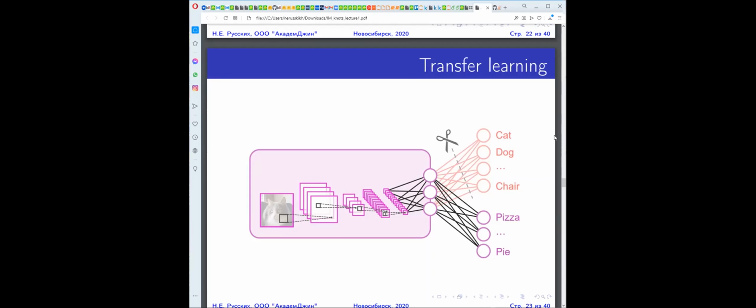It's when we have a big model which is trained on another similar task on a big amount of data. So regarding image classification, there is a well-known data set called ImageNet, which consists of more than 1 million images which belong to 1,000 categories.